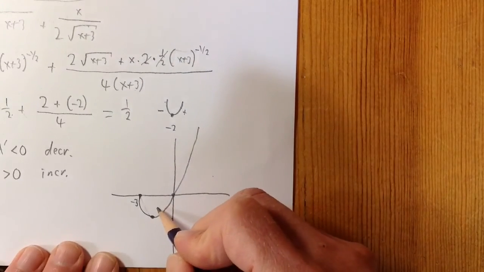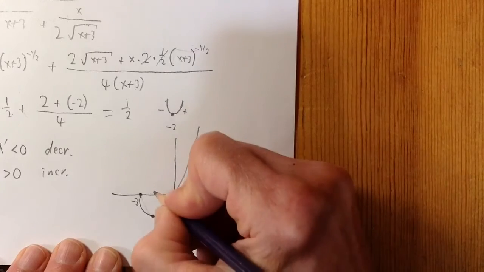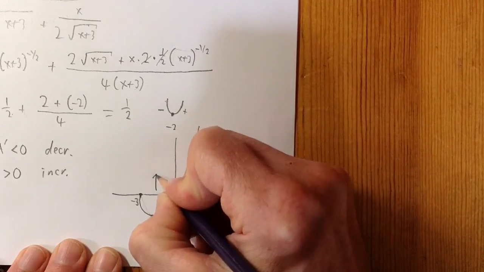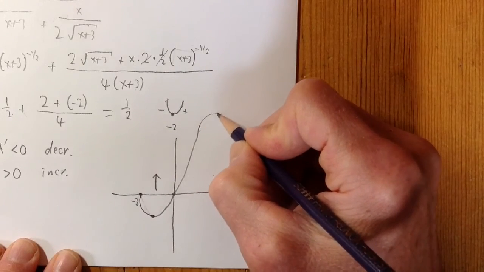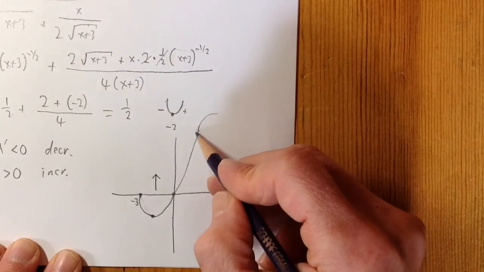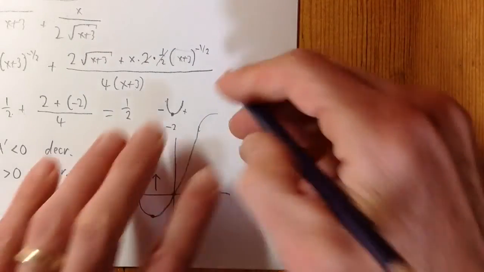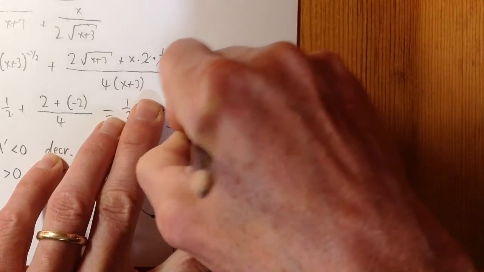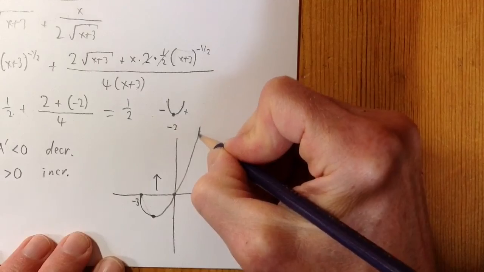And since the second derivative is greater than 0 for all these places, we know this is concave up. If the second derivative is ever equal to 0, maybe it switches over, but it can't, because there's no other 0 slopes. So if it switched over to concave down, there'd be another 0 somewhere. So it doesn't. So really, we're pretty much done.